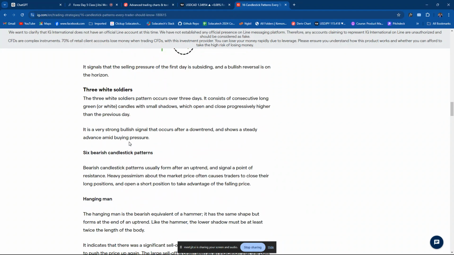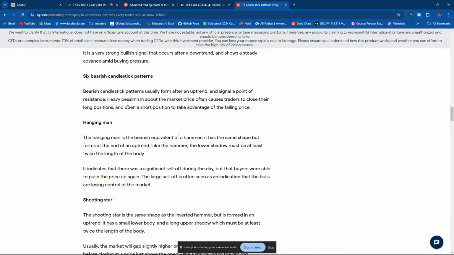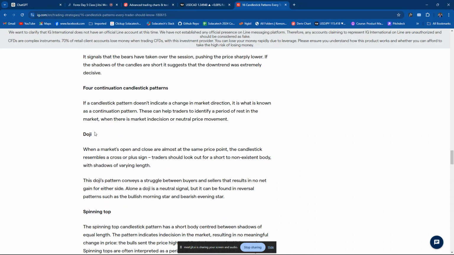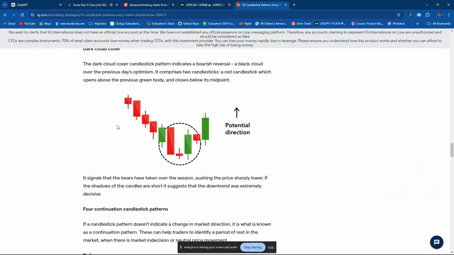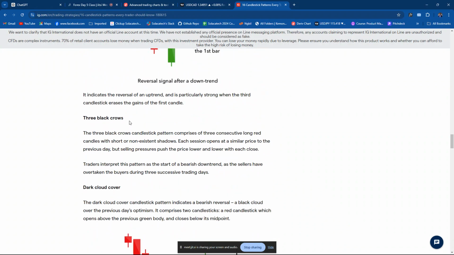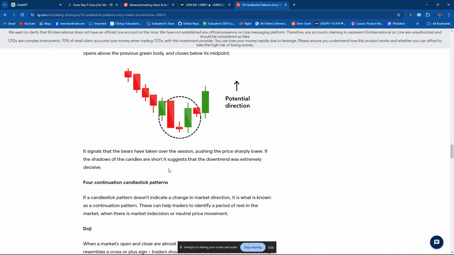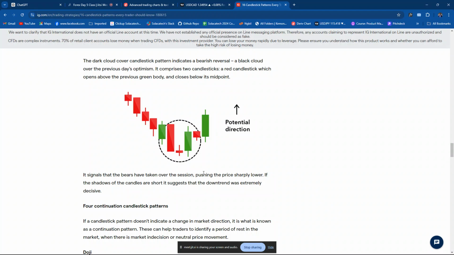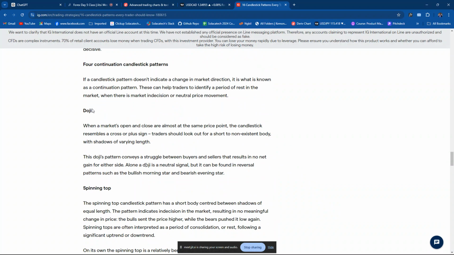So let's go to the one that shows continuity of market trend. It is called the Doji candle. The Doji candle is very simple. There are others like dark cloud cover, but leave those names, most are almost the same thing. I recommend the Candlestick Bible for you.